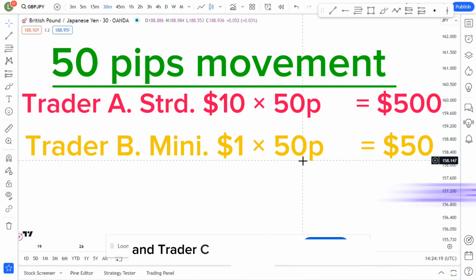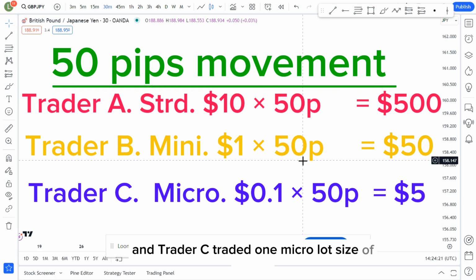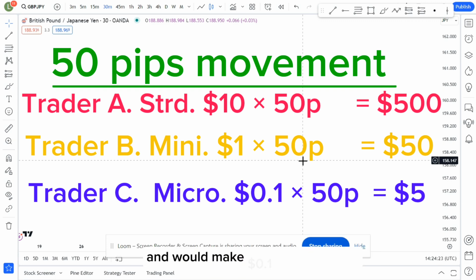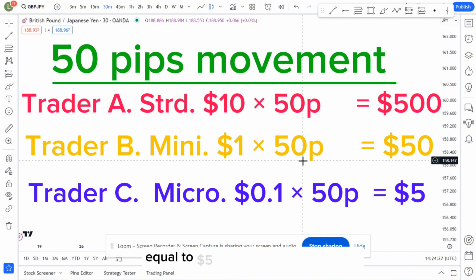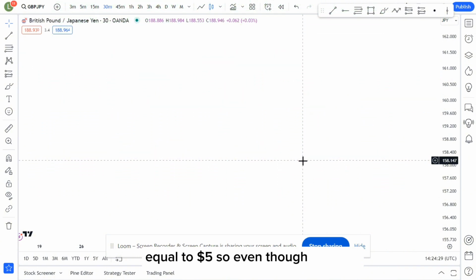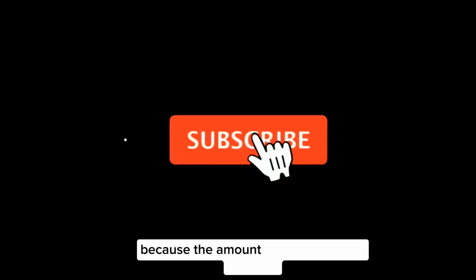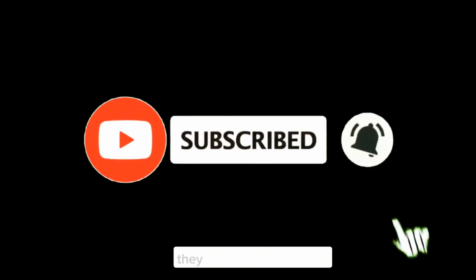And trader C traded 1 micro lot size of a pair and would make $0.1 times 50 pips, equal to $5. So even though they all participated in the same trade and the market moved in their direction by the same amount of pips, their profits were different because the amount of that particular currency they bought was different.